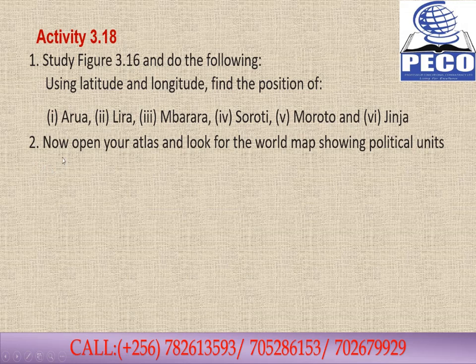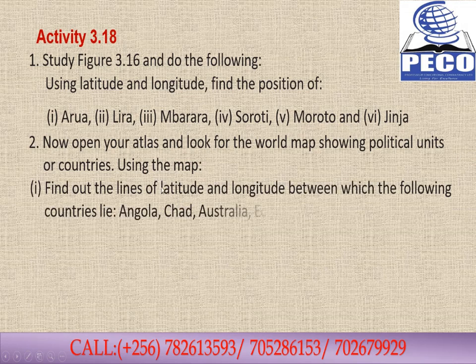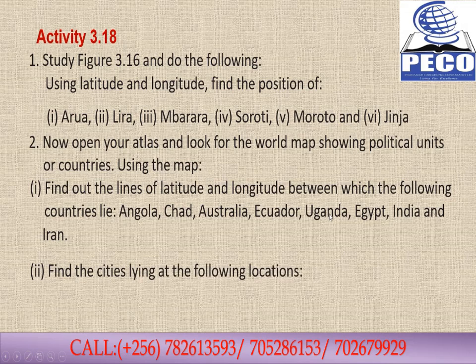To illustrate this more, you can make use of an atlas. Get an atlas and look at the world map showing the political units of countries, and using that map, find out the lines of latitude and longitude between which countries like Angola, Chad, Australia, Ecuador, Uganda, Egypt, India, and Iran lie.